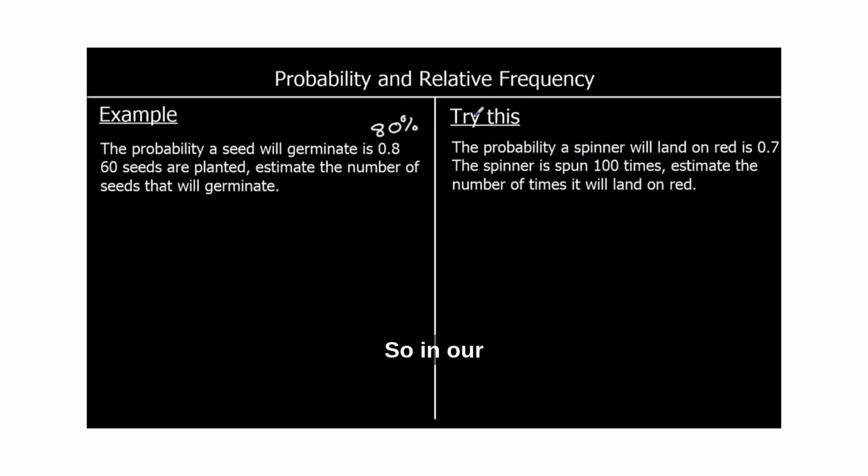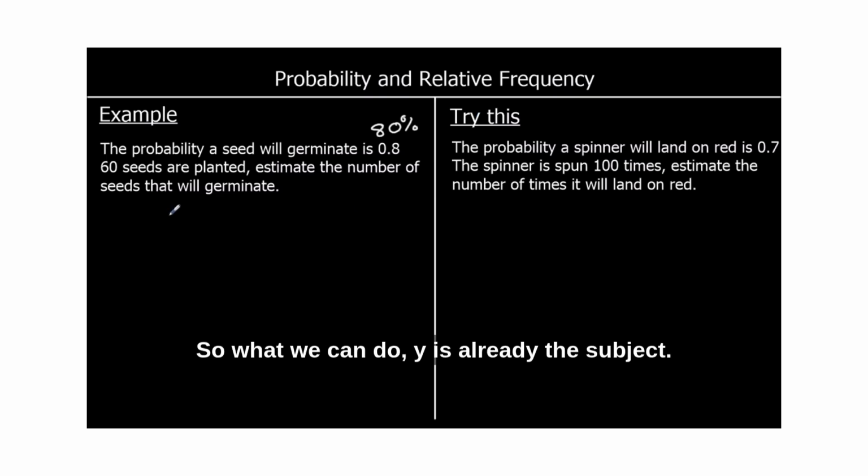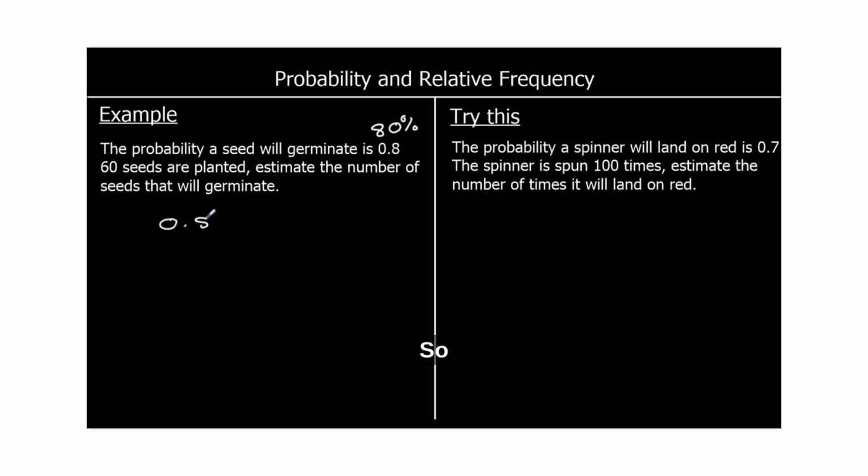So to estimate the number that will germinate, we can work out 80% of 60. So 80% times 60, or 0.8 times 60. That's the same as 8 times 6. So that is 48.